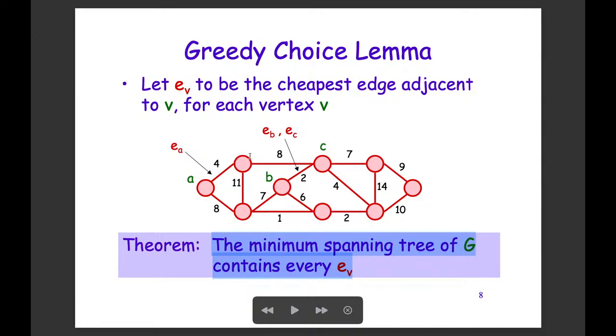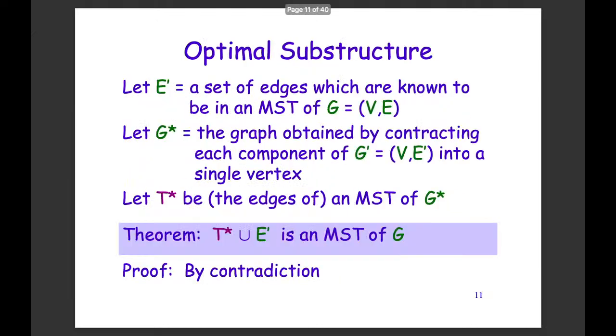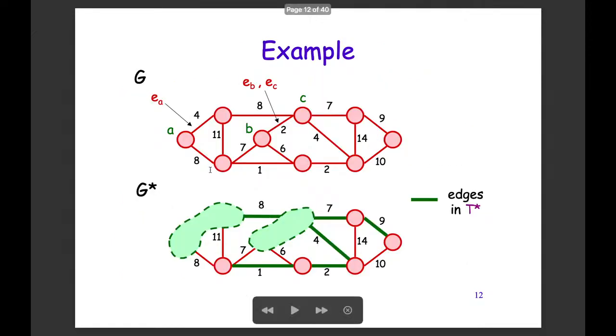Okay, so this is the key idea. It will be used in every algorithm that we talk about today. Based on the edges that we now know must appear, for instance, EA must appear in the minimum spanning tree, and let's say this edge EB and also EC, they are all appearing in the minimum spanning tree. So what does that mean?